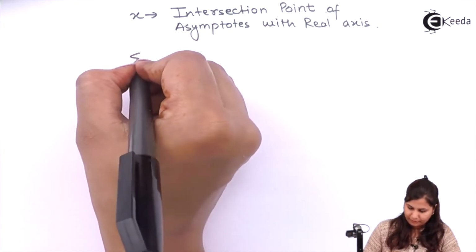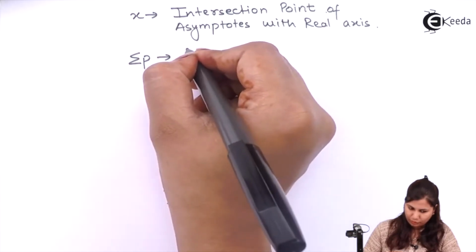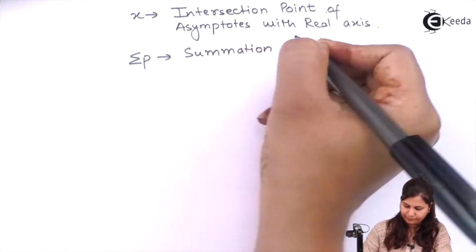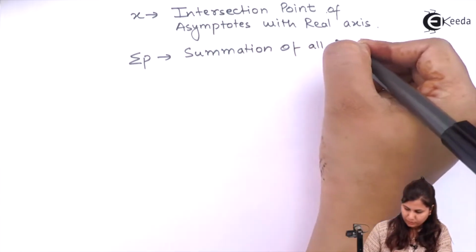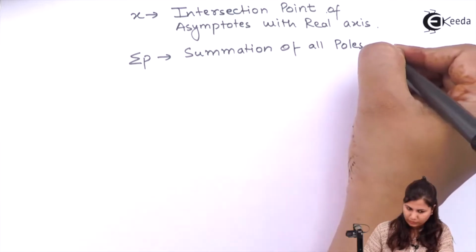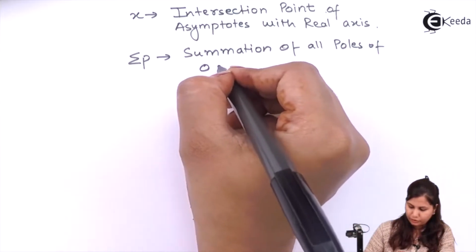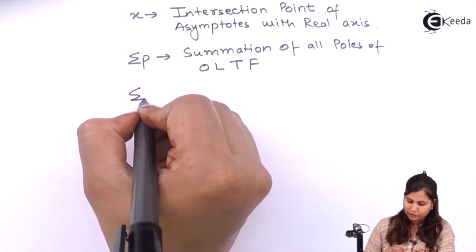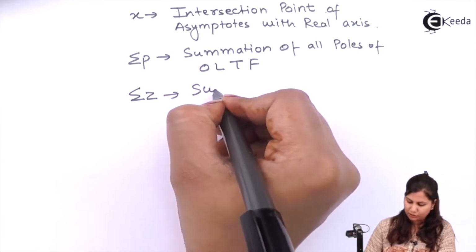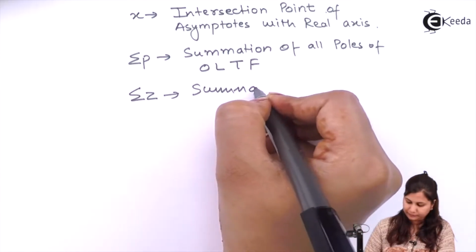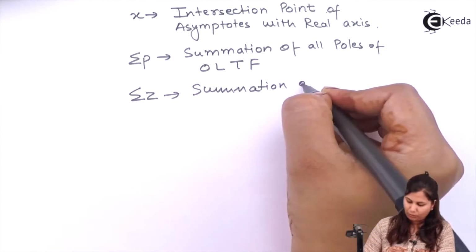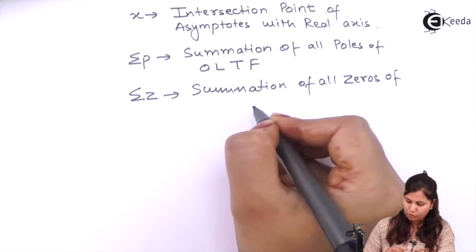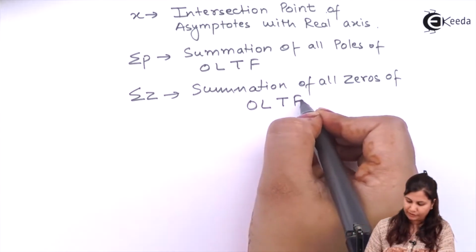And what was summation of P? It is the summation of all poles of the open loop transfer function. Summation of Z is the summation of all zeros of the open loop transfer function.